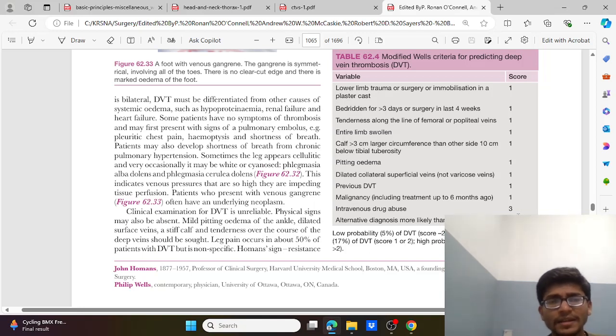So the maximum is 12 and the minimum could be even minus 2.